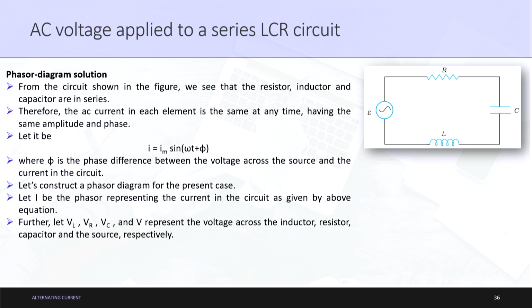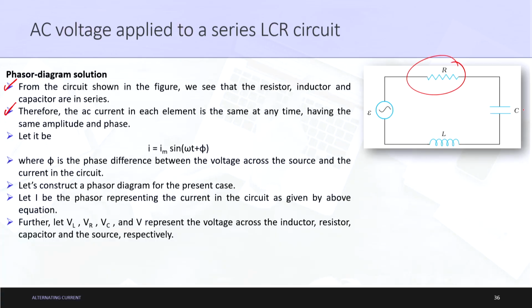using a phasor diagram. From the circuit shown in the figure, we see that the resistor, inductor and capacitor are in series, quite evident, as you can see everything is in series here. Therefore, the AC current in each element is the same at any time, having the same amplitude and phase. The current which is passing through this will also pass through this, and this.